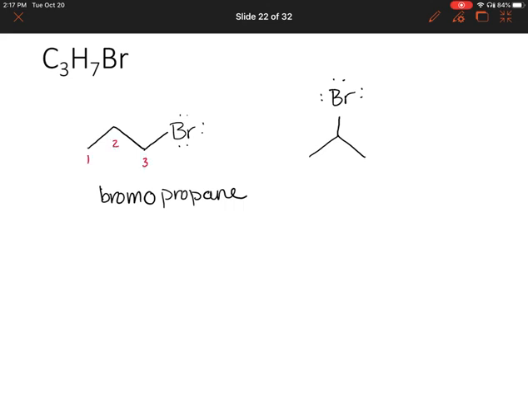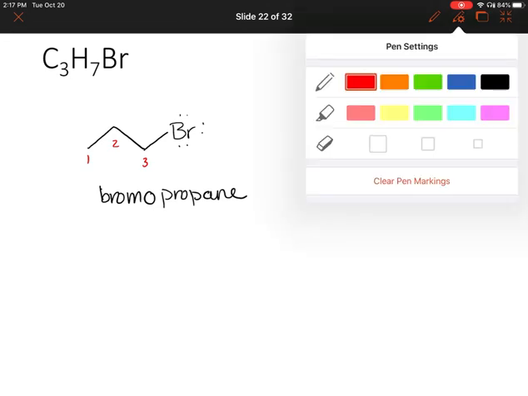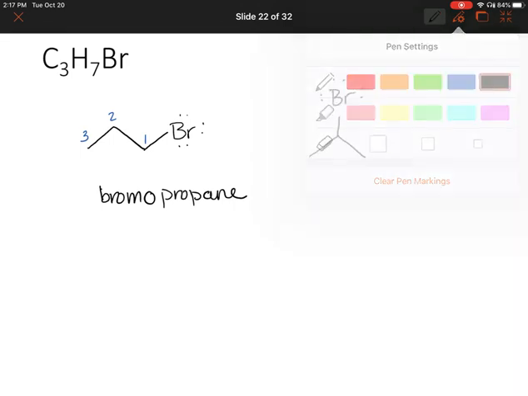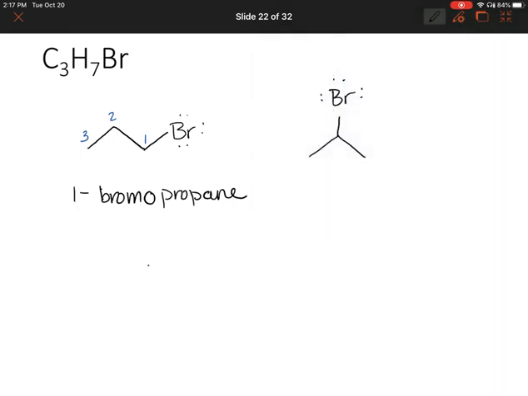But that means bromine would be on the 3rd carbon. So remember, we could also number these 1, 2, 3 from right to left. And then bromine would be on the 1st carbon. So we want to number this from right to left. That will give bromine the smallest number possible. So this is 1-bromopropane.